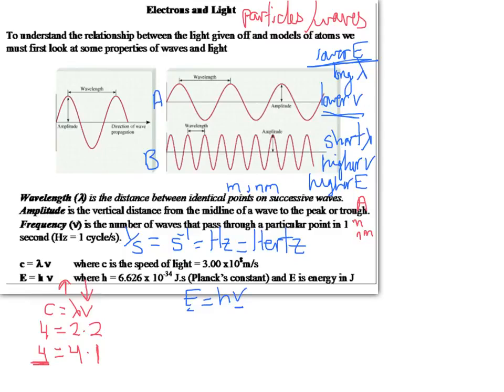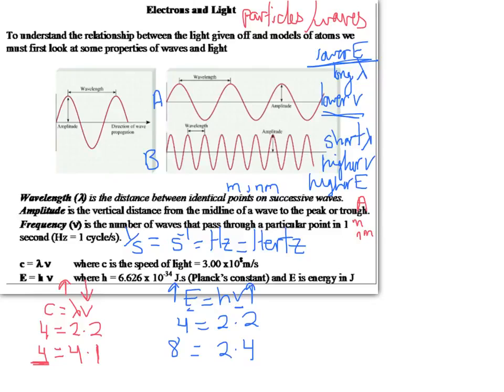So again, just plug in any random numbers. Let's go with 4 is equal to 2 times 2 again. Okay? Now, E equals h nu. h now is your constant, so that's the number that never changes. So let's keep that as a 2. And now let's increase our energy. Let's make that maybe an 8. So now, what does the frequency have to do? It has to increase to 4. So as you increase your energy, you increase your frequency. So that is a direct relationship.